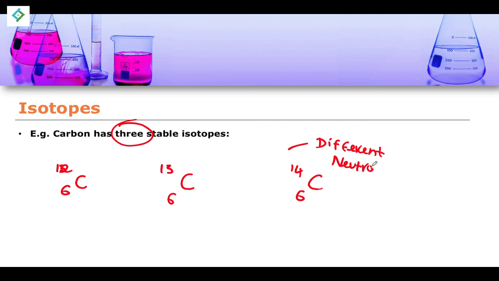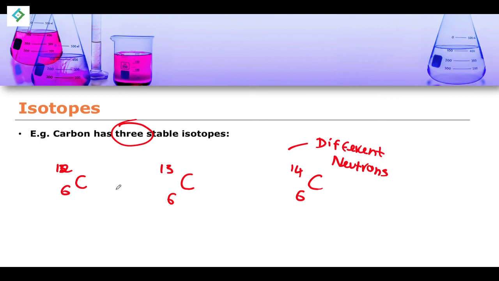In some regards, the number of neutrons and the mass you have for different isotopes of, say, carbon or any other element doesn't make that much of a difference in terms of the effect on the properties of that particular isotope itself.